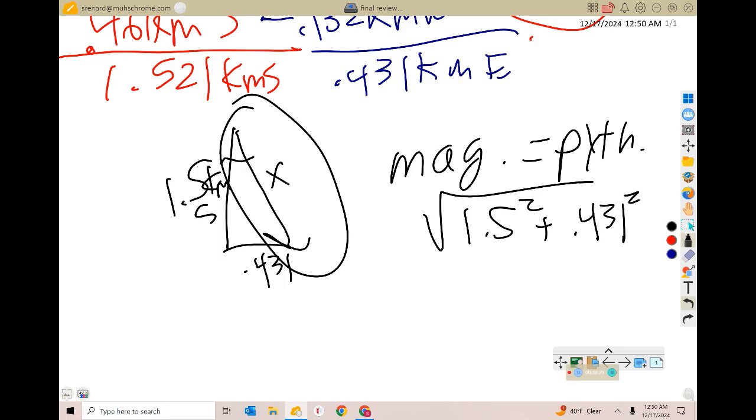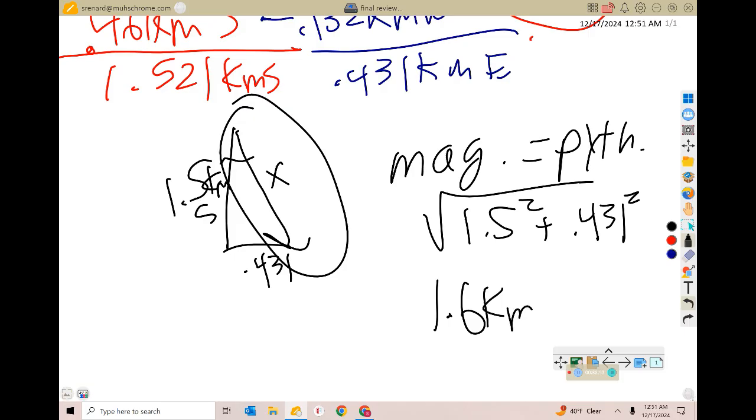And that is going to give us the magnitude of, give me just a second while I pull up my calculator. And that gives us 1.6 kilometers.